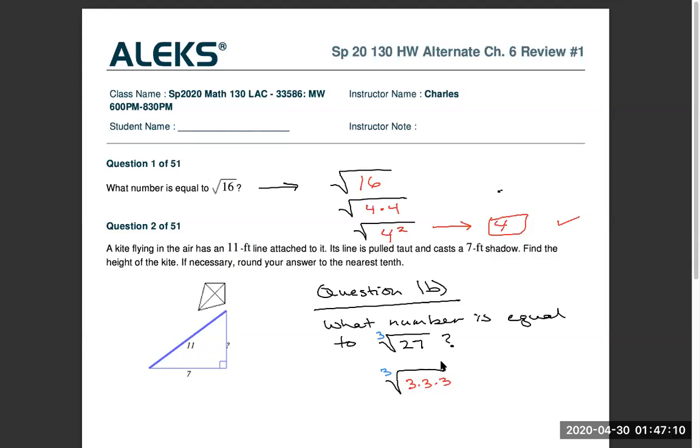And that's going to be the same as 3 cubed in your radicand. So the cube root undoes the cube, and you're left with 3.